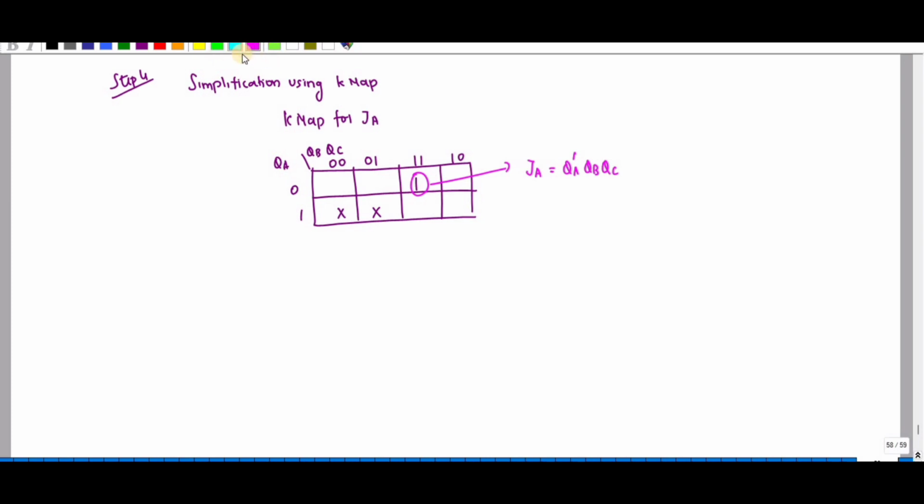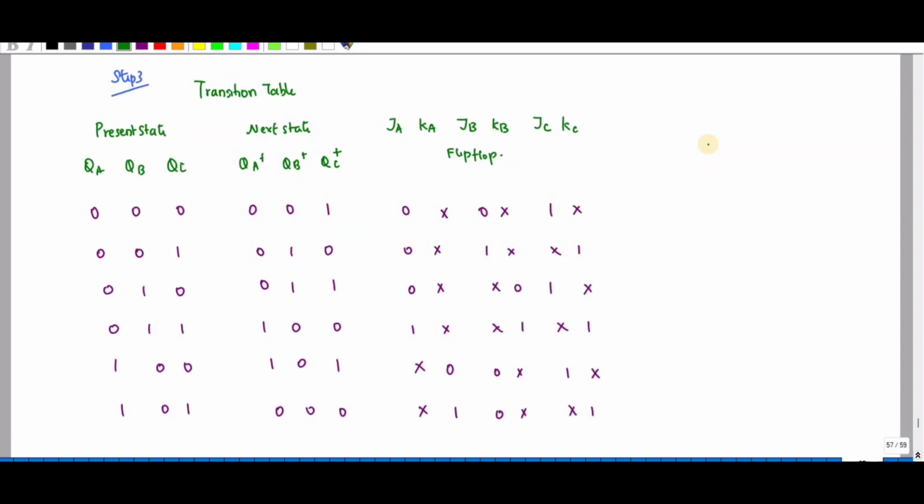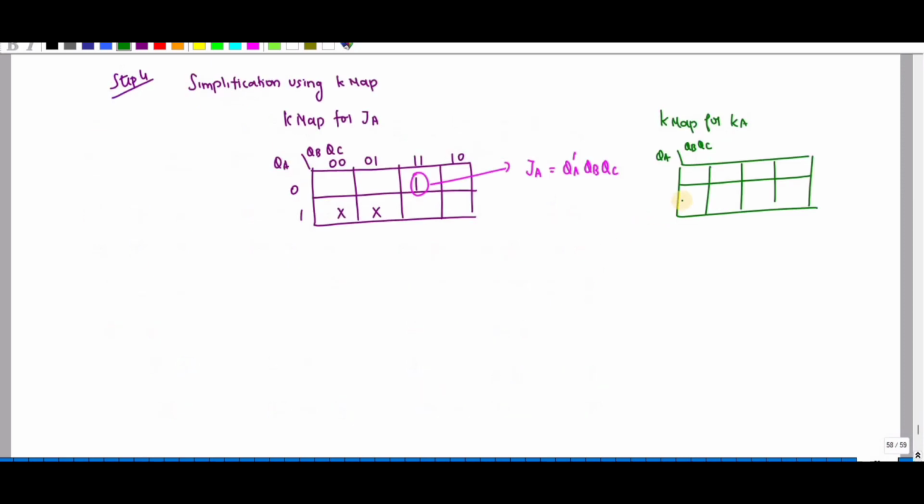Okay, so next I have to go for the K map for KA. QA, QB, QC. So for 1 0 1 it is 1.